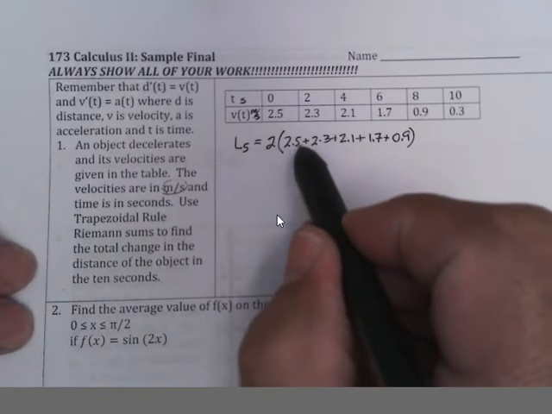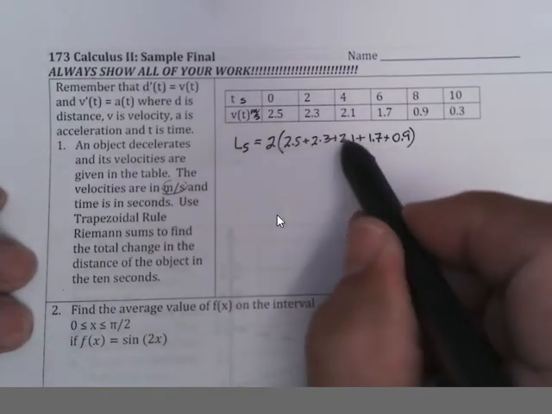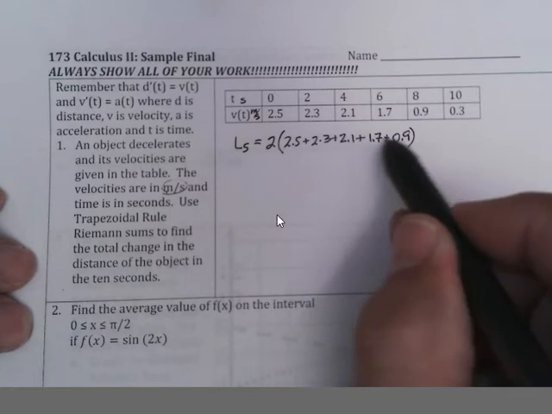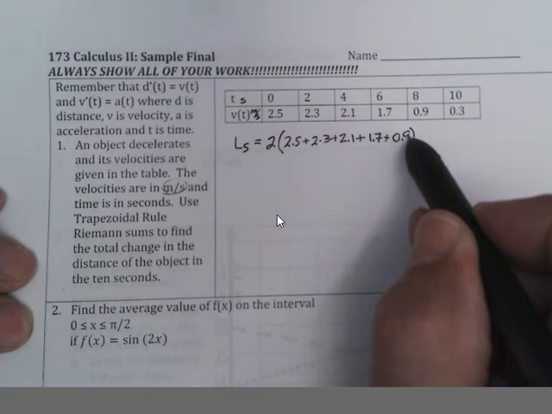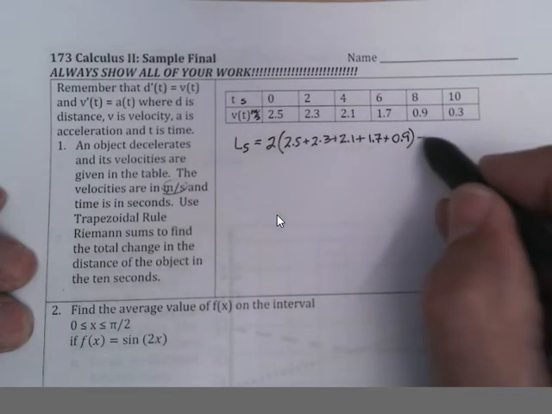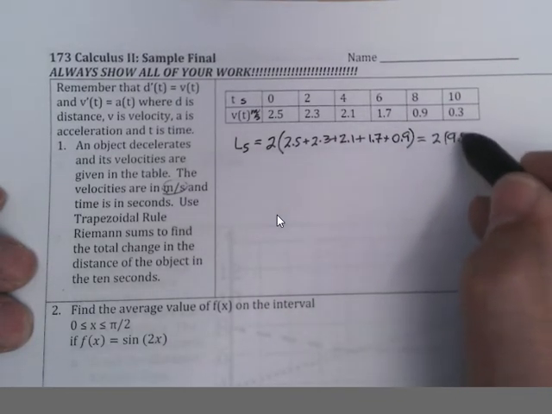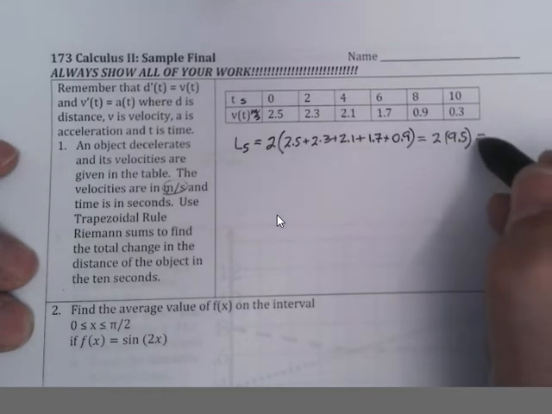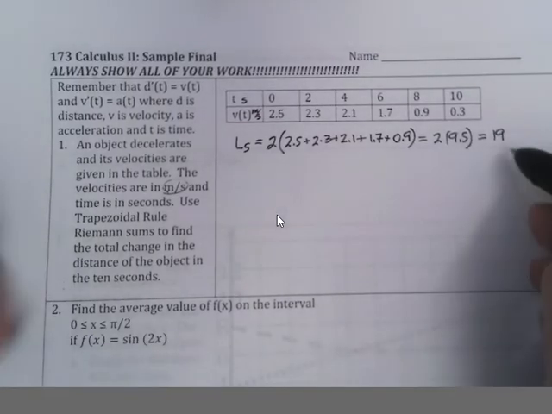And I'm going to get 2.5, 4.8, 6.9, 7.6, 8.6, 9.5 times 2, which is 19.